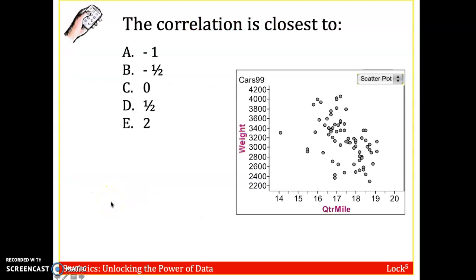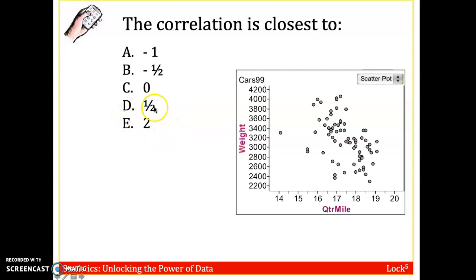So let's look at a couple examples. We're looking at this scatter plot. We say the correlation is closest to -1, -0.5, 0, 1/2, or 2. Feel free to pause and make a guess. Hopefully you immediately crossed off 2, because correlation is never greater than 1.